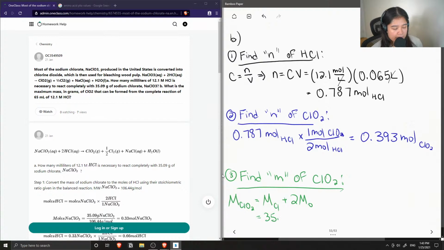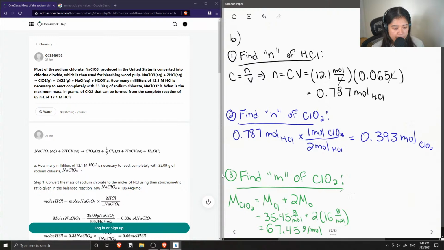The molar masses of chlorine and oxygen are just found on the periodic table: 35.45 for chlorine and around 16 for oxygen. And you end up with a molar mass of 67.45 grams per mole.